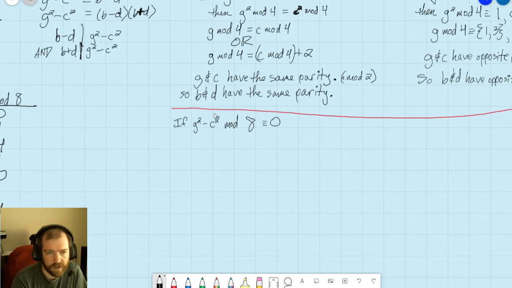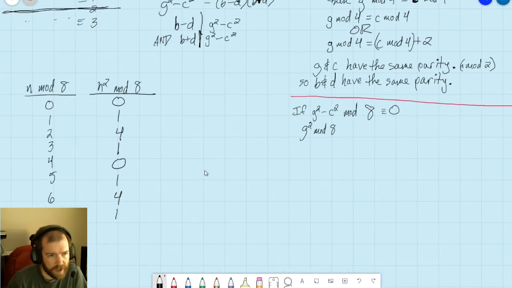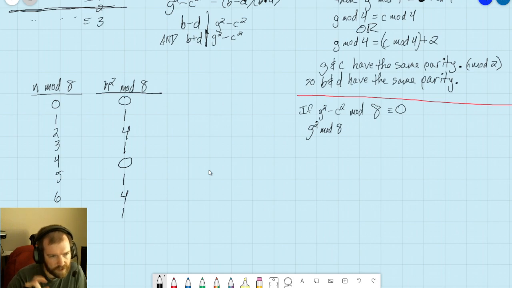So g squared mod 8. Okay, is there a pattern here? It's every other, if odd. And then here, if it's 1 and 4 or 2 and 6, those are going to be equal.